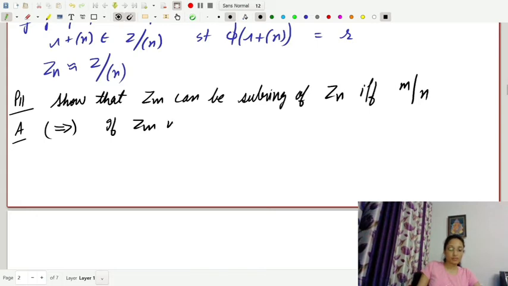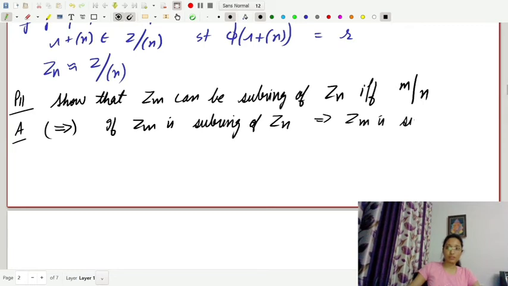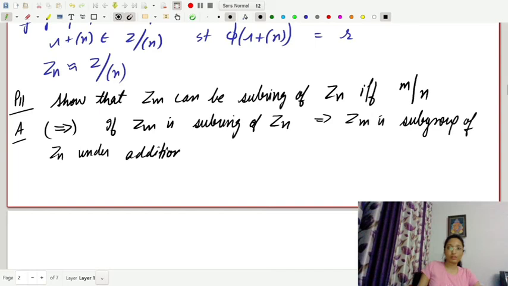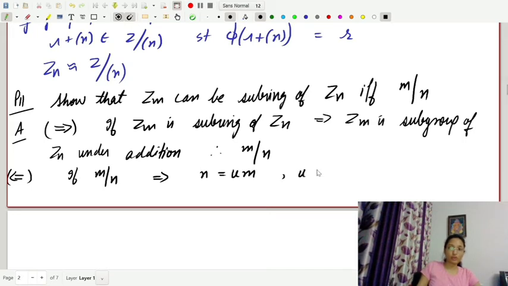If Zm is a subring of Zn, then it implies Zm is a subgroup also of Zn under addition, and therefore m divides n. Conversely, if m divides n, suppose n is equal to um for u belonging to some integer.